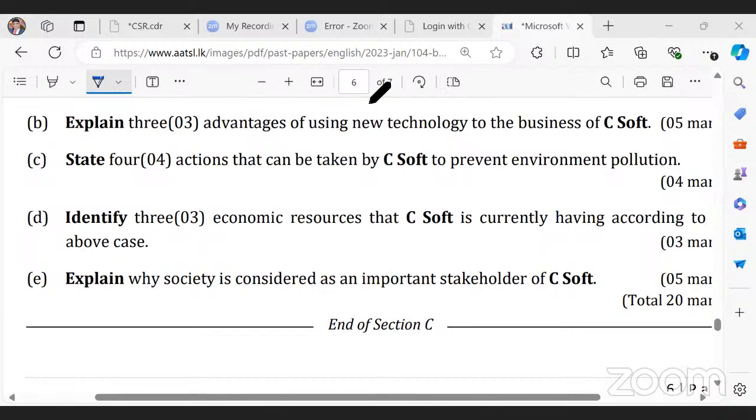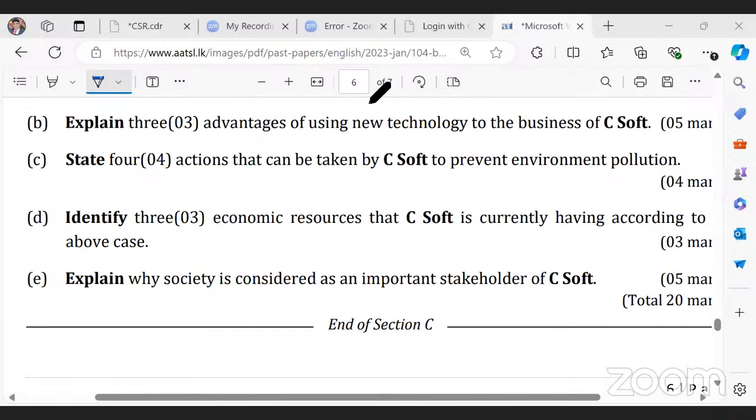Another thing is they have to comply with some regulations introduced by government institutions in order to protect the society.